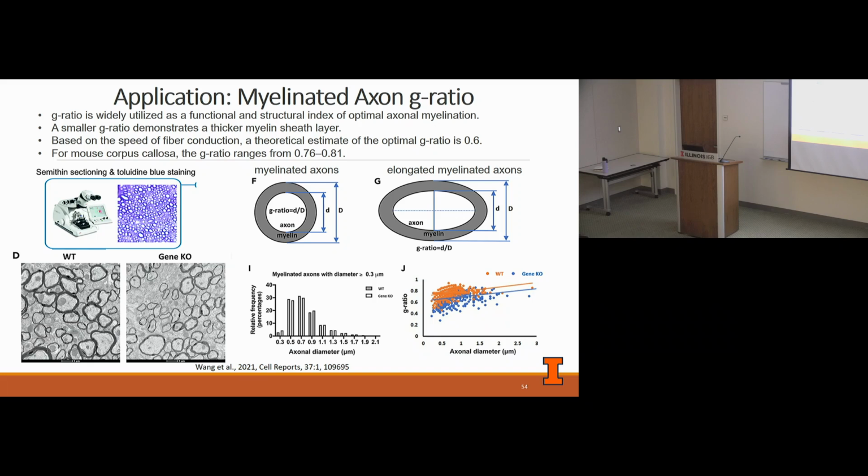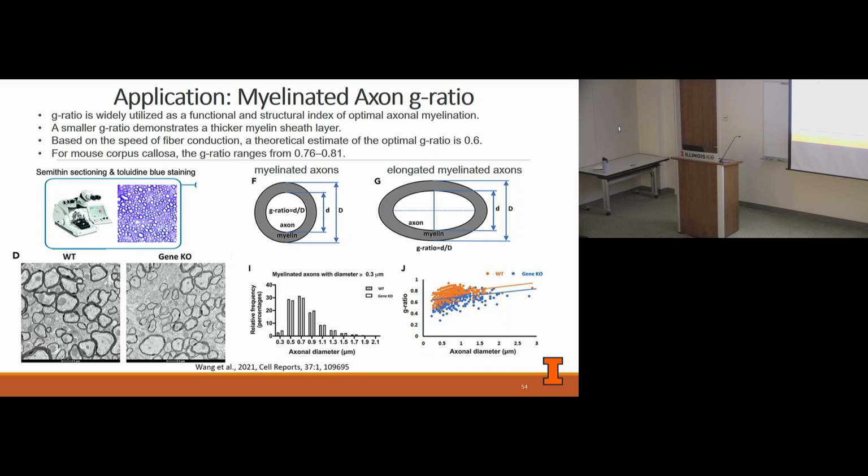It has been predicted that for very efficient transmission of information, the optimal G ratio should be about 0.6. But depending on the organism and even the area of the brain, the G ratio may vary. For the mouse corpus callosum, you have a range of 0.76 to about 0.8.